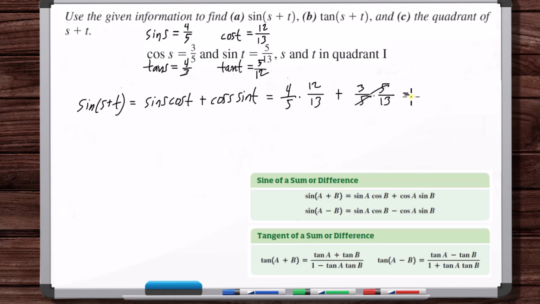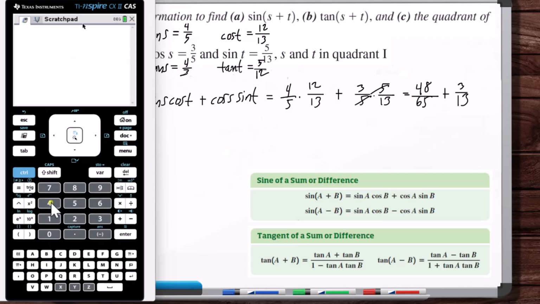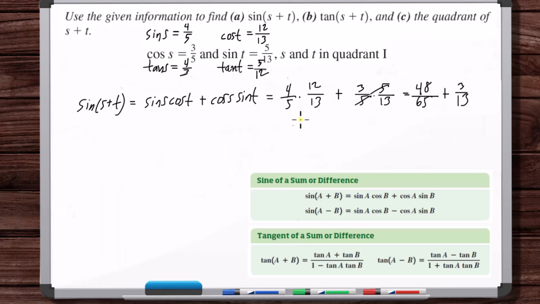So we've got 48 over 65 plus 15 over 65, which is 63 over 65. There you go. That is sine of s plus t.